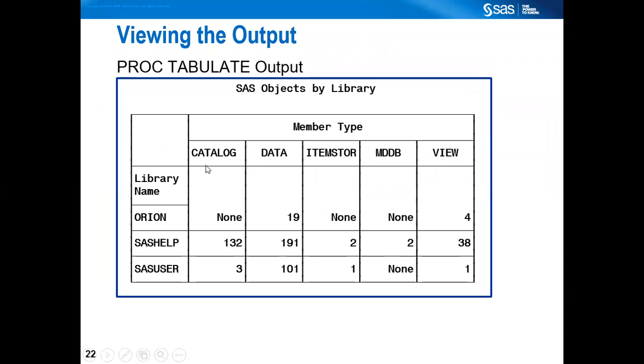Okay, so that means for catalogs, there are none in Orion. Data tables, it's 19. Okay, this is actually not applicable, hence none. Views are 4 in the Orion library. Same goes for the description here for your other libraries.